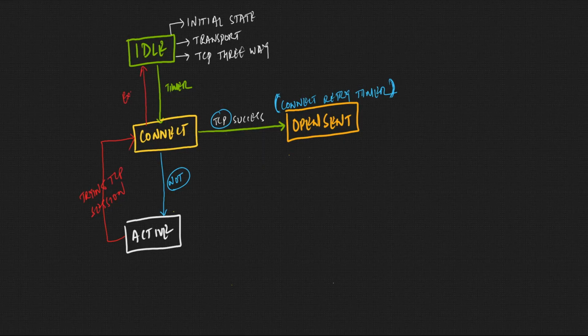So timer expired, Active to Connect, it will retry. Again the timer expires and it goes here. This also comes in red; this is the failure part of it.